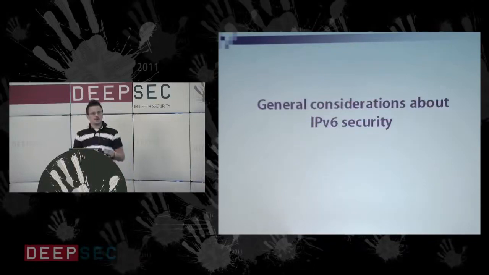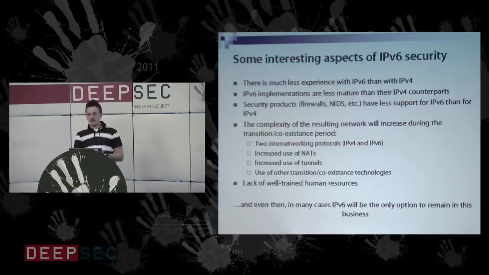So first of all, before getting into the technical stuff, it's interesting to analyze the context in which we are working on v6 security. Usually when you are given some kind of technology to analyze its security properties, you focus just on the technical aspects. But when it comes to the effective security that you get with that technology, there are usually other factors that come into play.